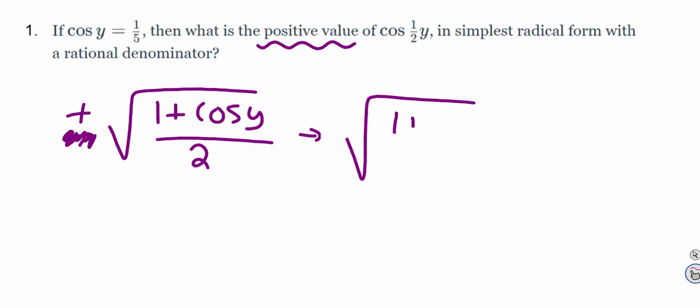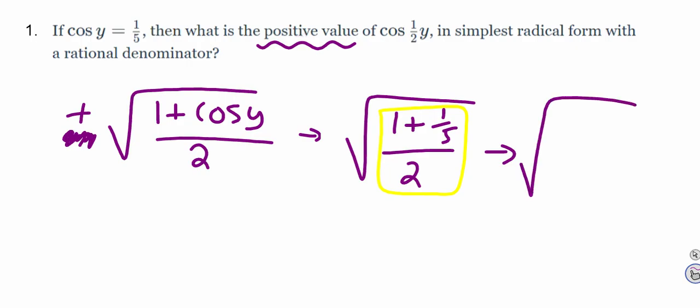All right, so we're going to plug in. We've got 1 plus 1 over 5, all over 2. Now you are going to have your calculator for this, so you could put this whole thing into your calculator and it will simplify it for you. Otherwise, you're just going to change 1 to 5 over 5, right?